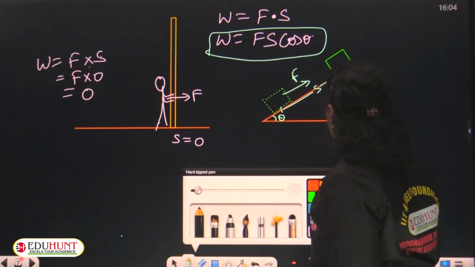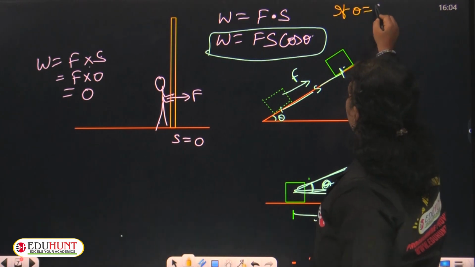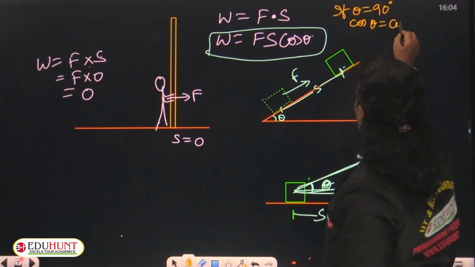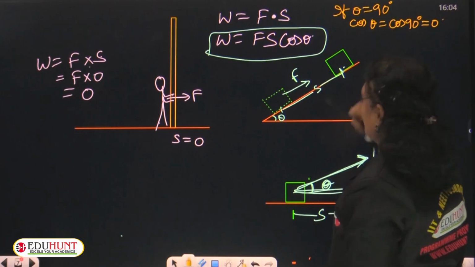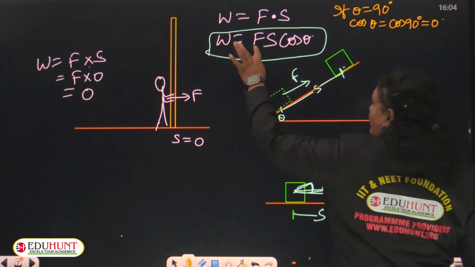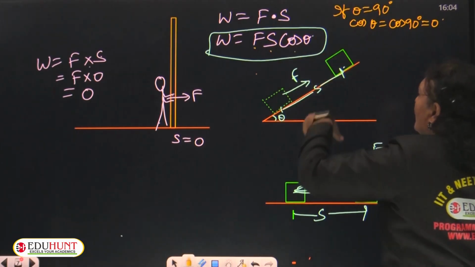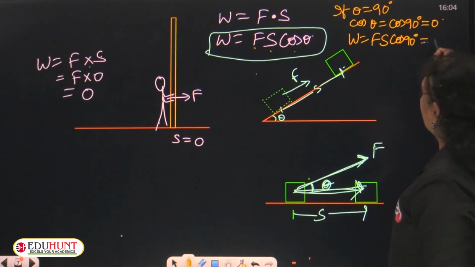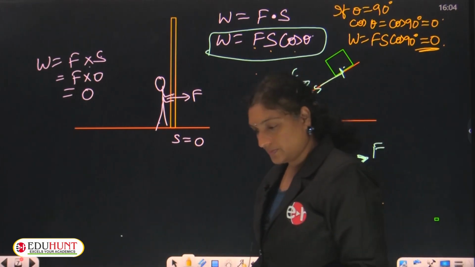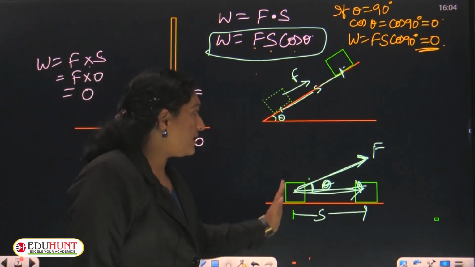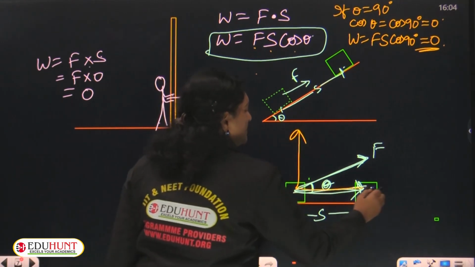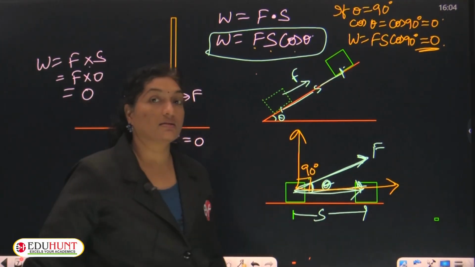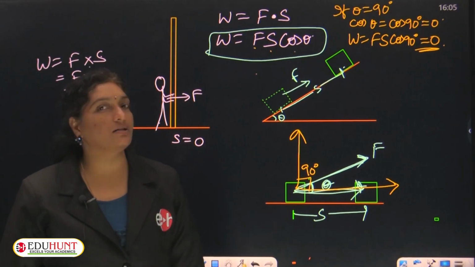Then work done is equal to F S cos 90, which is F S into 0. Zero multiplied by anything will be 0.